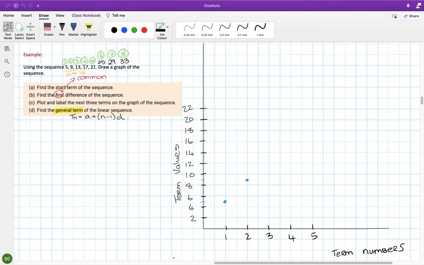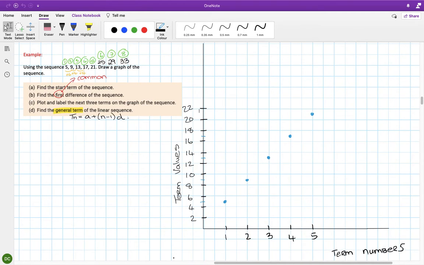Number 3 is 13, so 13 is going to be between 12 and 14. There. 4 is 17. That's going to be between 16 and 18. So that goes there. And then 5 is your 21, which is halfway between 20 and 22. So there it is there.